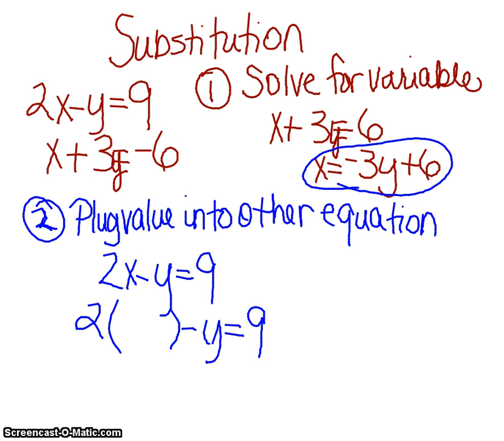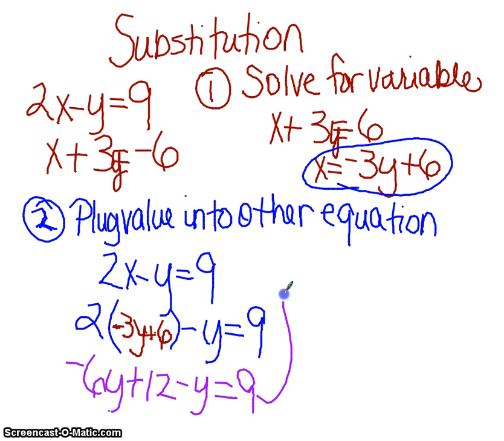And that value is negative 3y plus 6. So when I distribute that, that's going to give me negative 6y plus 12 minus y equals 9.